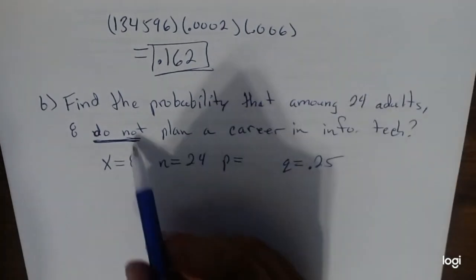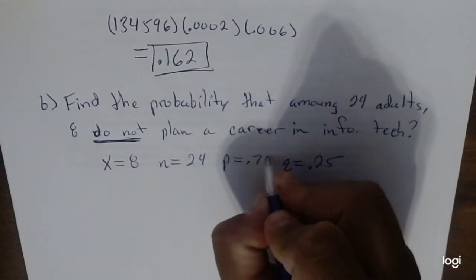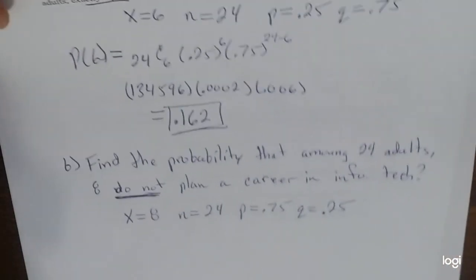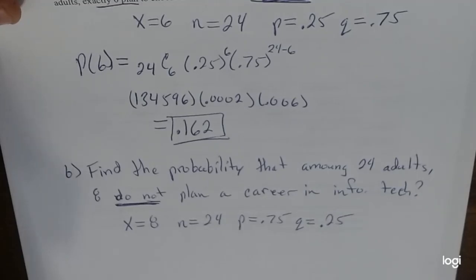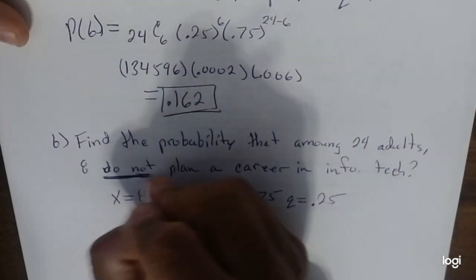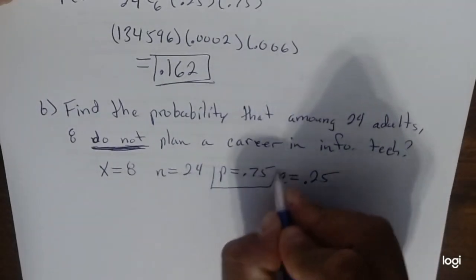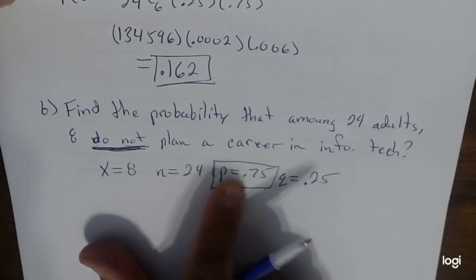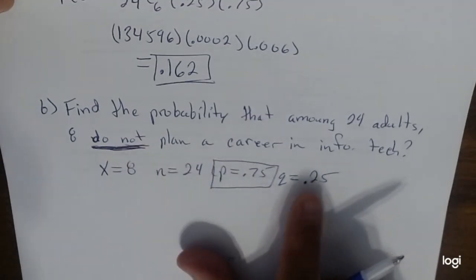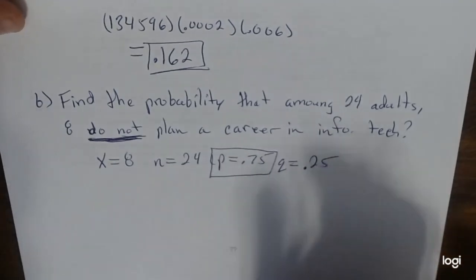Therefore, people who do not go into information technology would be 0.75 now. Notice now it's the opposite of what we actually had. Because of that, you always go back to what the question is asking. I do not want people to plan it. So success is how you actually incorporate the question. So this is now people who do not go into it, and this is people that do go into it. So that's what success or failure means, one or the other.